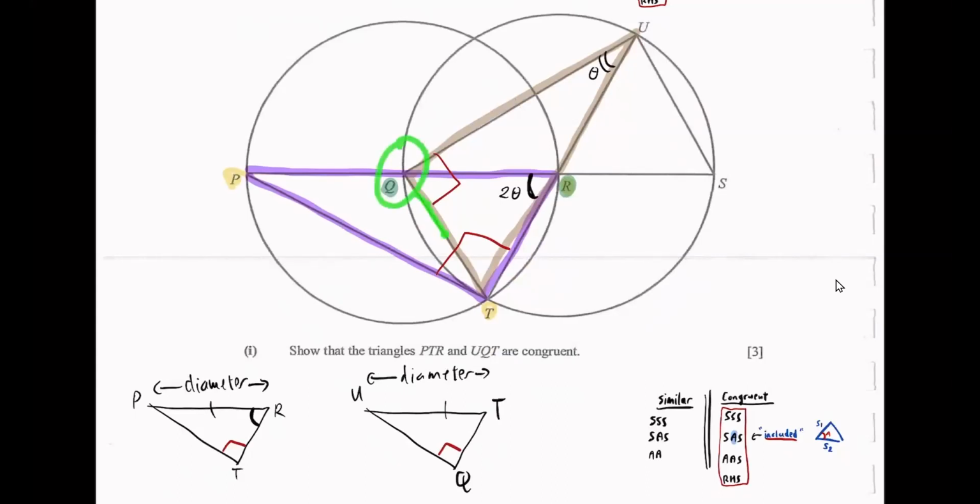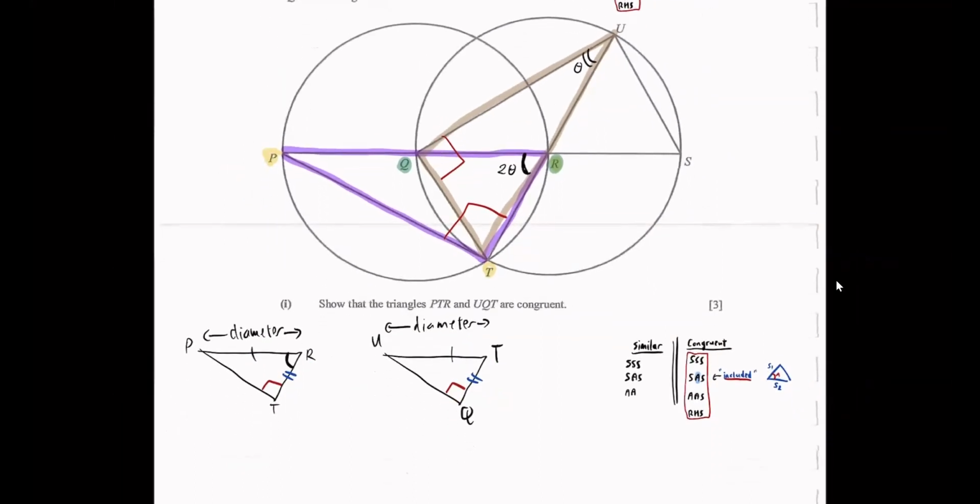This is the center going towards a point on circumference. So they are both radius and they are equal. Okay. Yeah, then we solved it already. RHS. We got a right angle, we got a hypotenuse, we got a side. Right angle, hypotenuse, and side.